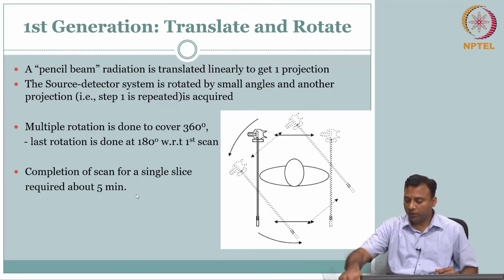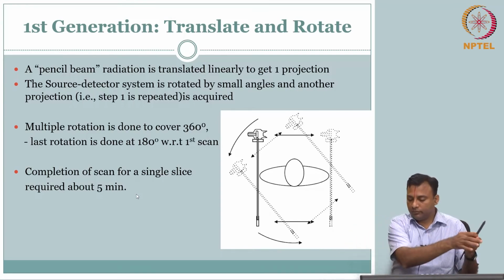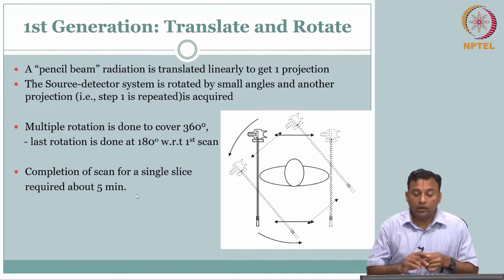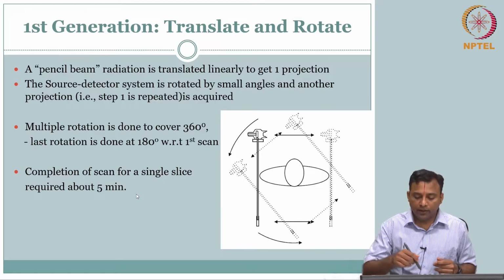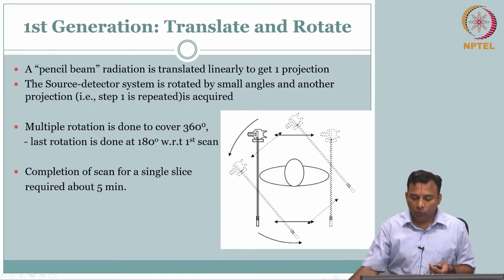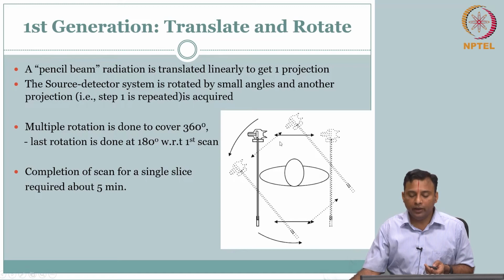So the logic would be, instead of having only one detector at a time and then scanning, why don't I have a few more of these detectors so that in one shot I can have a few parallel lines.